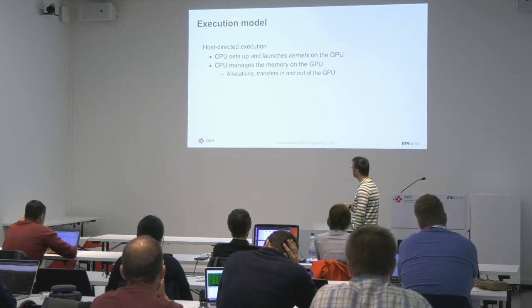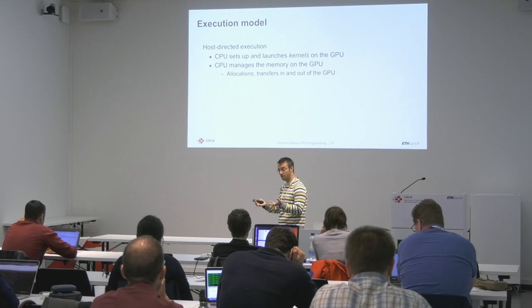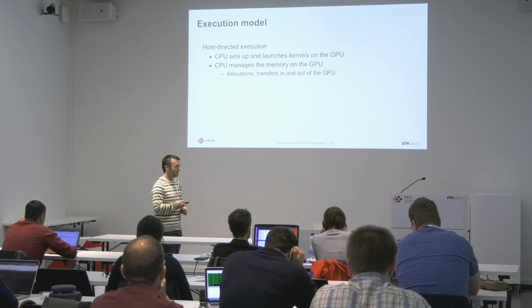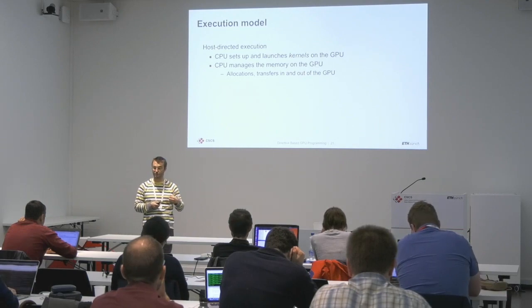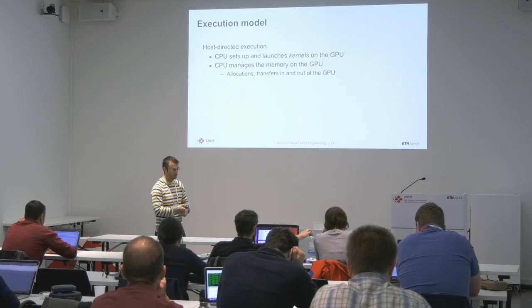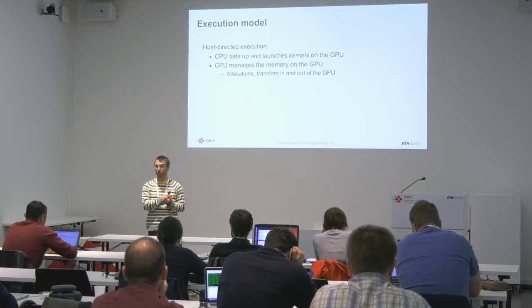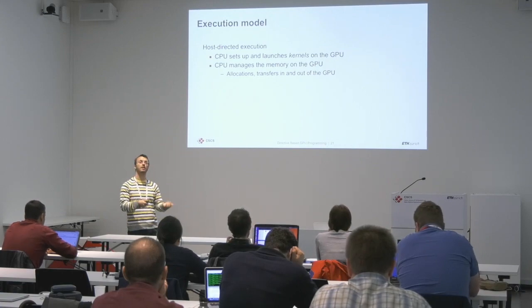On the GPU, however, this is not the case. GPU and CPU have different memory spaces, not only physically, but also virtually. So since they are different virtually, you have to manage the data yourself, the transfers, everything. So you have an algorithm, and you want to execute that on the GPU. First, you have to copy the data that the algorithm will use to the GPU, then compute there, and then move the data back.